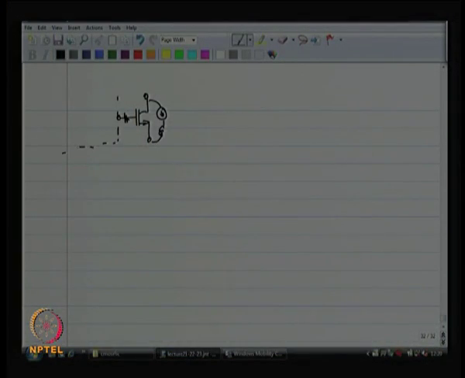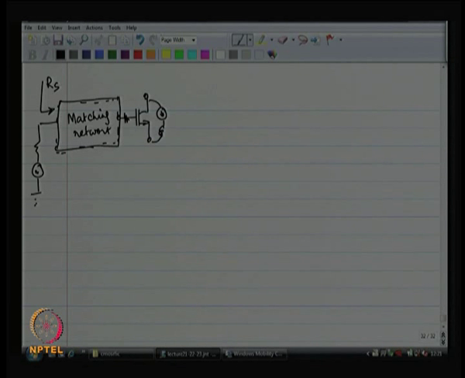So, your plan is to develop a matching network over here so that when you look into the matching network, you want to see RS. Okay. So, what I am saying is, consider the following, consider that the MOSFET is not just GM and CGS.